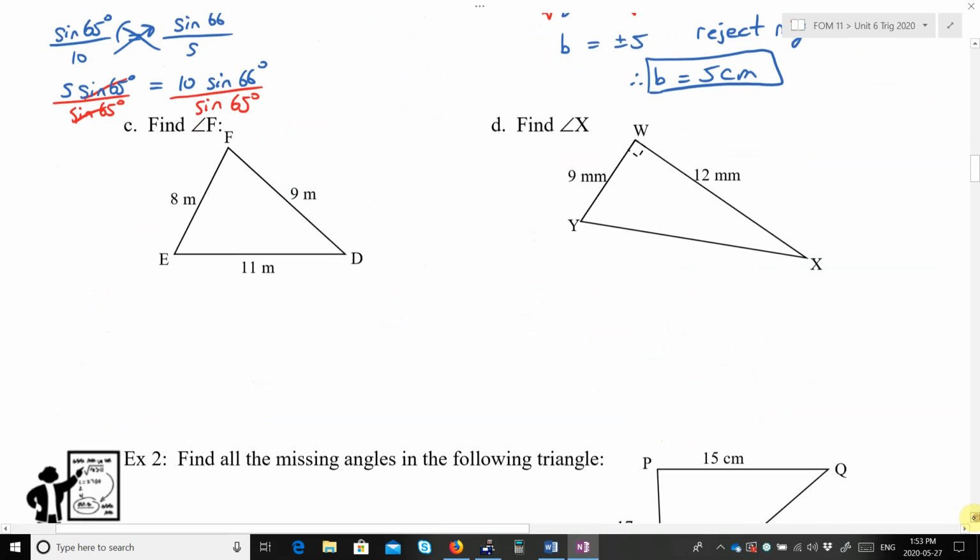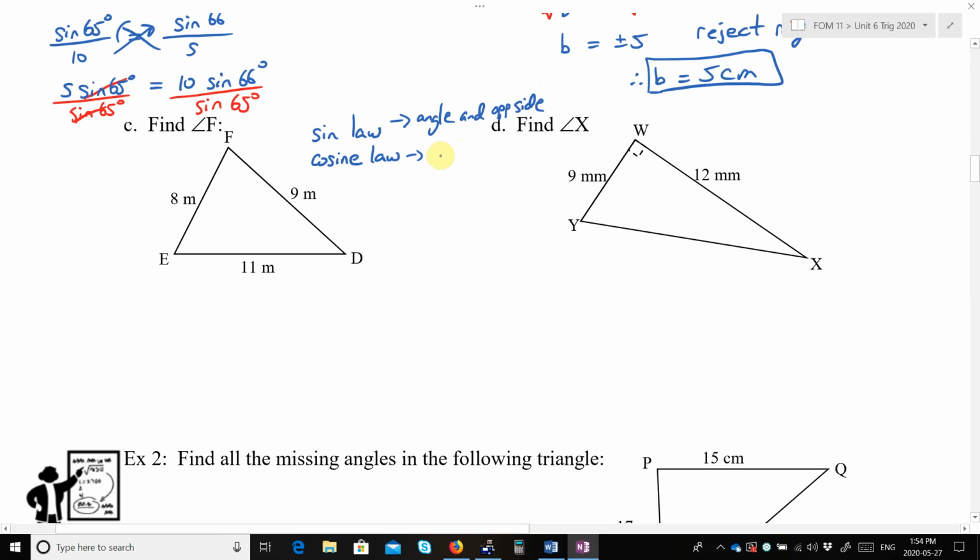Letter C, find angle F. Okay, they're not showing a 90-degree box, and when they're not showing a 90-degree box, it is either sine law or cosine law. Sine law is only good if you have angle and opposite side, which we don't have any of the angles.